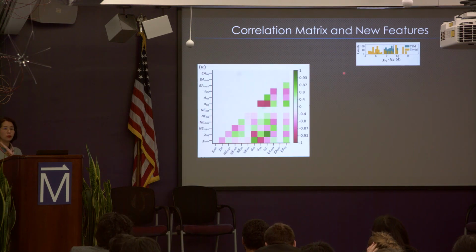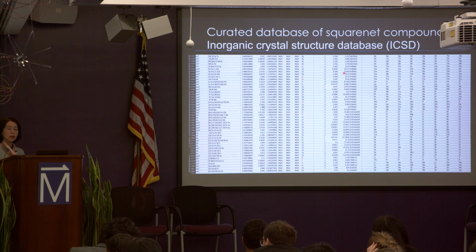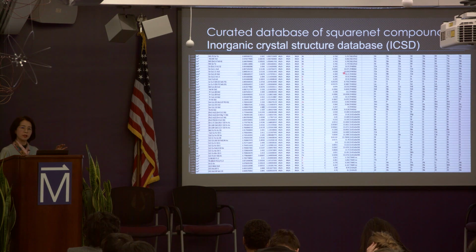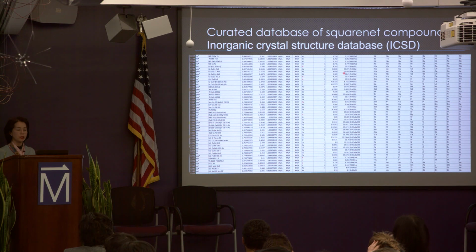So question? Yes? They are all the square net families. Yeah, this was all square net families. So what we did was we first did all this with just the square net families. And for square net families, we had this T-ratio intuition that Leslie already had.